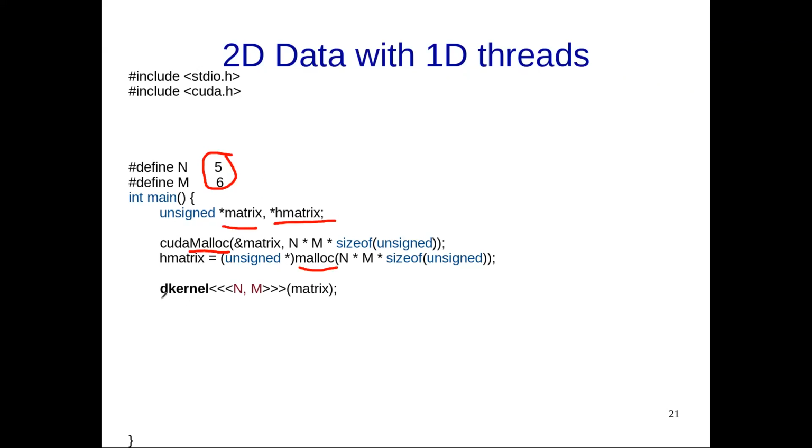I call this kernel with n comma m as two parameters, and I have said that the multiplication of these two is going to give me the number of threads. So I am launching it with n comma m number of threads. M is okay, but let's finish this part. I'll come back to this.